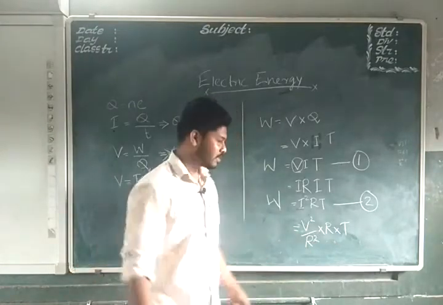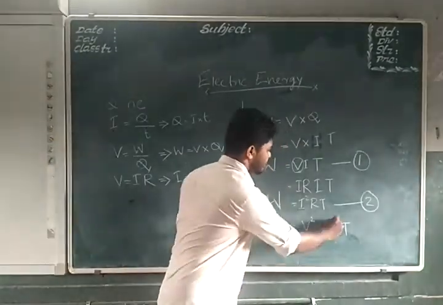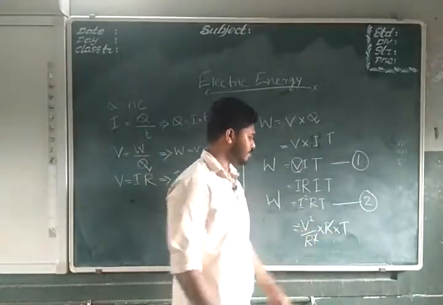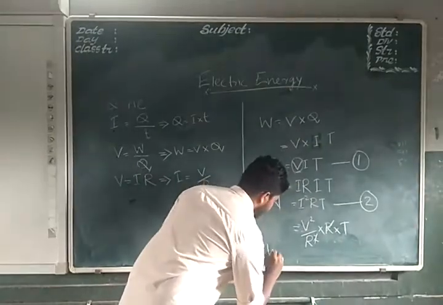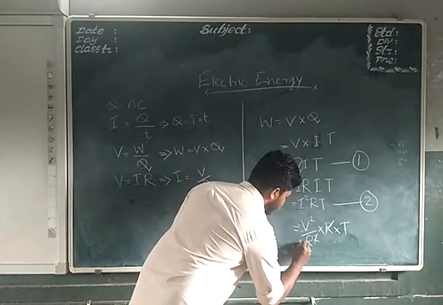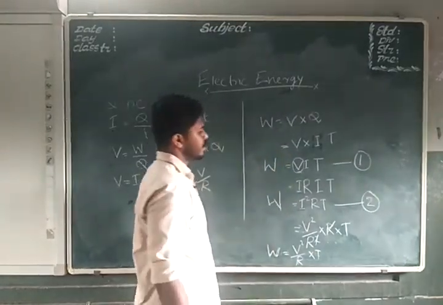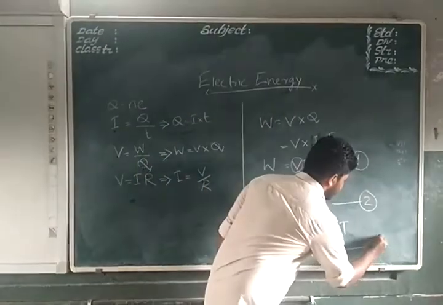R into R. So we can cancel one R. So the remaining terms are V square by R into T. W is equal to V square by R into T. So this is the third equation.